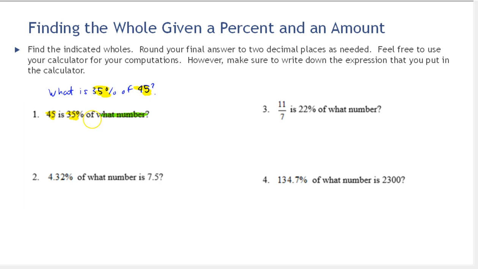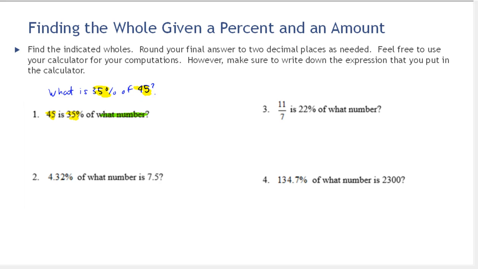In this case, it says of what number. What number is the whole, and that's what we're trying to find. Again, it's easy to determine the percent because it's labeled with a percent. The hard part is interpreting the language to see which one is the amount and which one is the whole. And again, the word of is the best thing to look for.